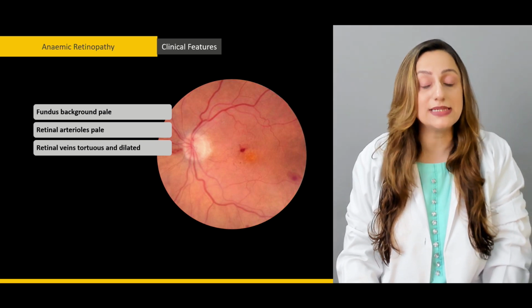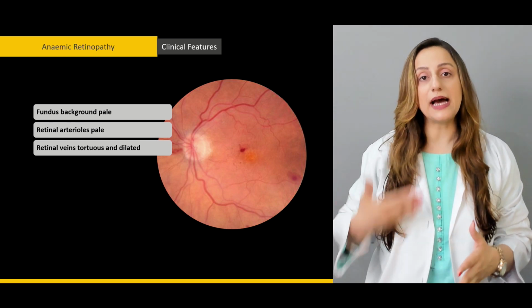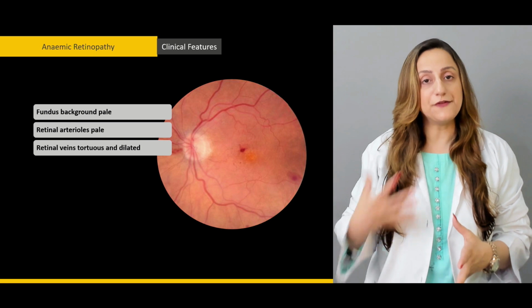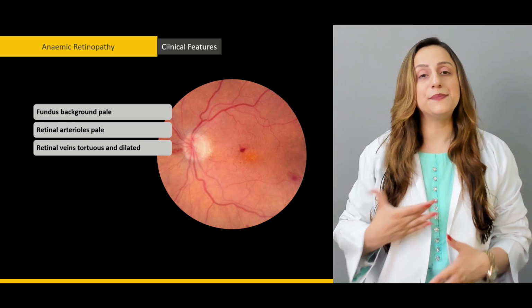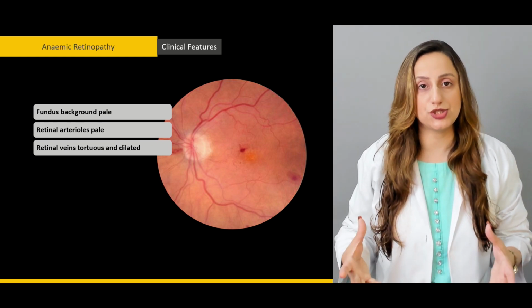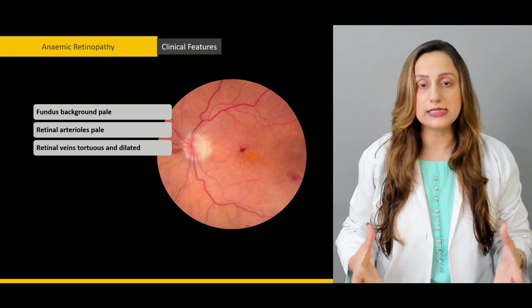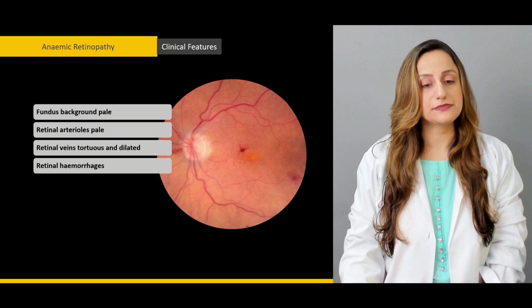Again, it's quite a compensatory change. To cover up that anemia, the deficiency of the blood, the anoxia, compensatory changes are going to be seen in this patient. The veins are going to be dilated and quite tortuous in this case.